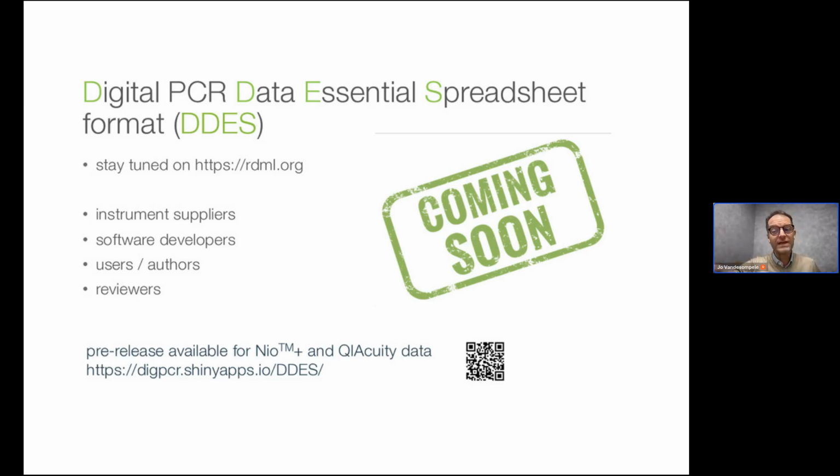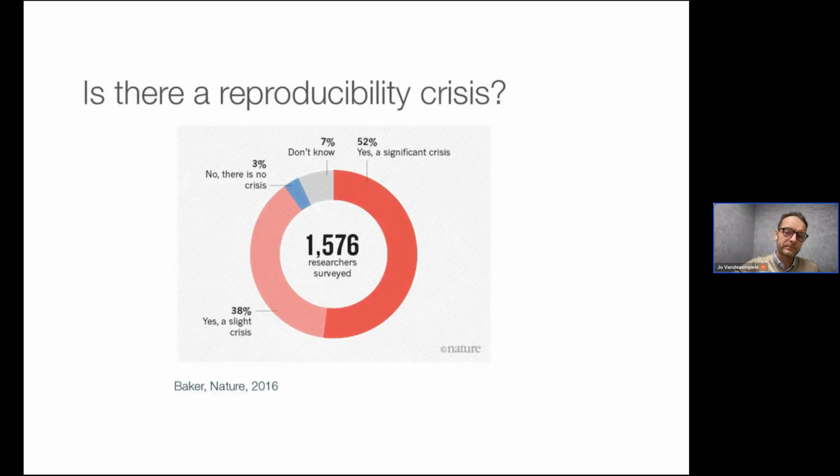So everyone can reanalyze and hopefully come to the same conclusions. Not only reviewers, editors, but especially the consumers of the scientific literature, your readers. It's also a plea for the digital PCR instrument manufacturers and software to make their software compatible so the data can be easily shared within the community.